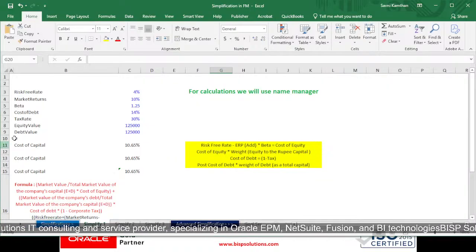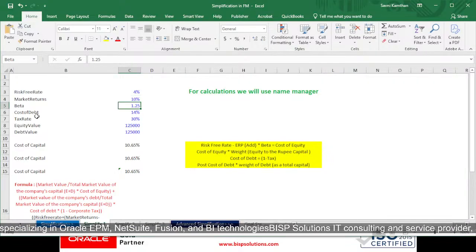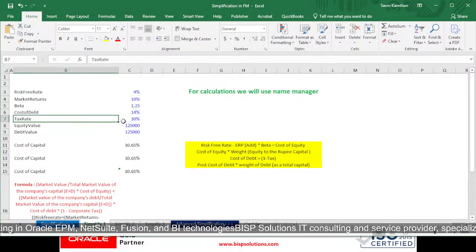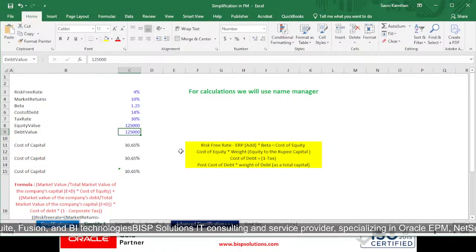So this is our data where risk-free rate is 4%, market returns is 10%, beta is 1.25, cost of debt is 14%, tax rate is 30%, and equity value is 1,25,000, and debt value is 1,25,000 again. We have three ways to calculate cost of capital.